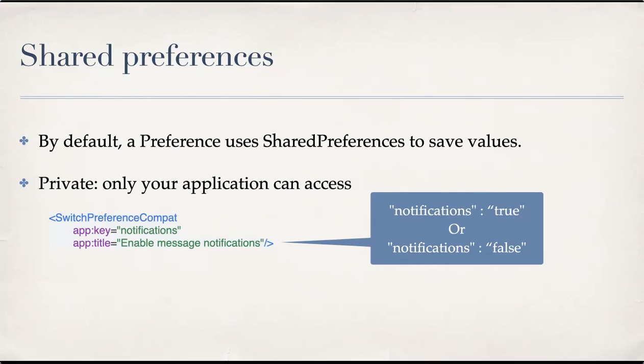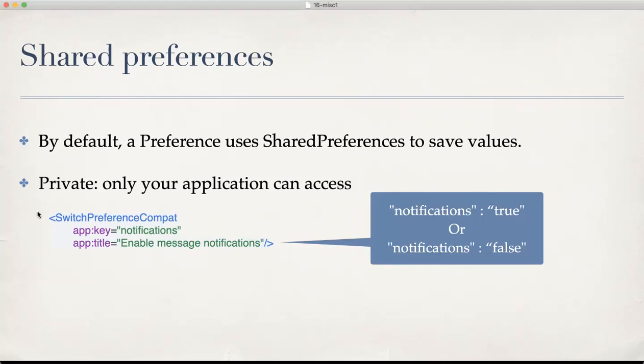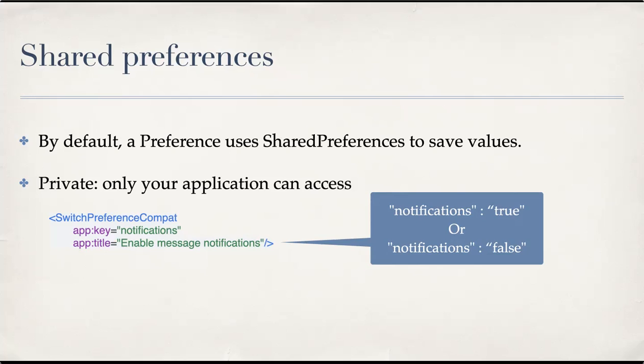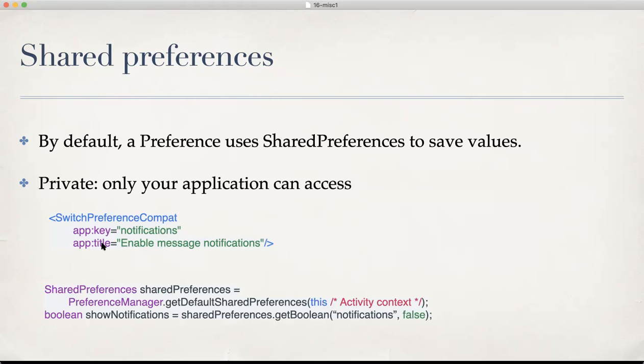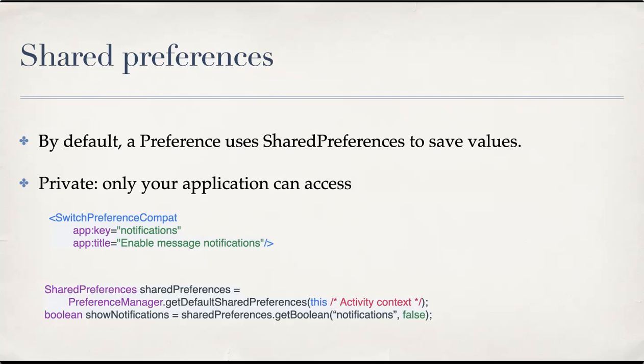That is what happens by simply providing this element. You don't have to add any other additional code, and you don't have to have a click listener to see what is happening there. Then in the Java code, you can grab the default preference using the activity context and get the value for showing notifications by doing a getBoolean and passing it the key. Based on this value, you can write your code, whether it should show notifications or not.